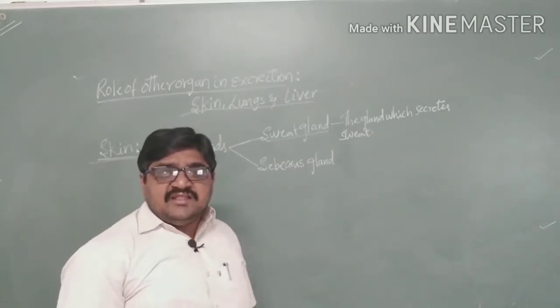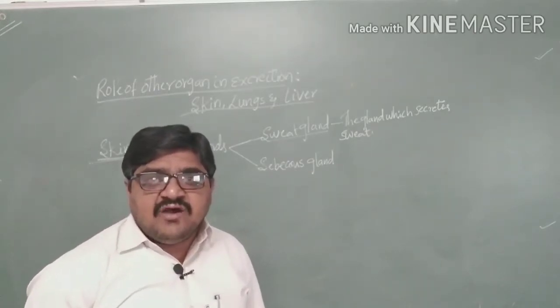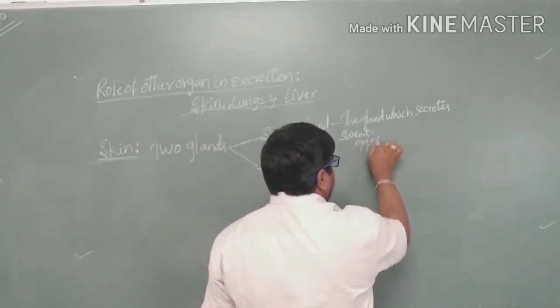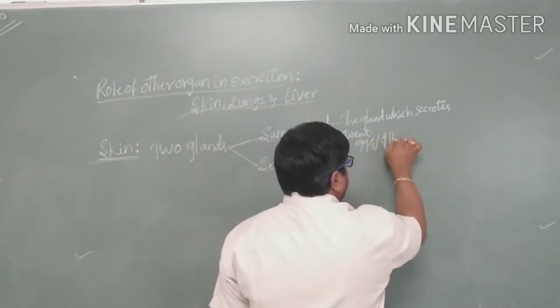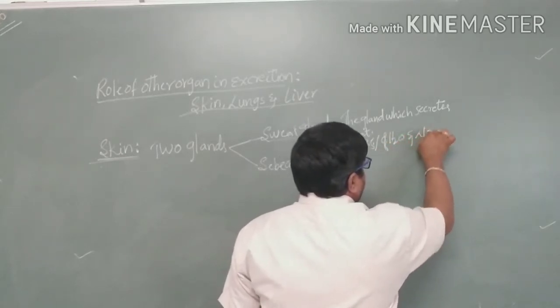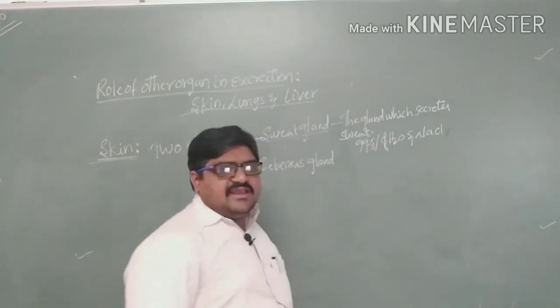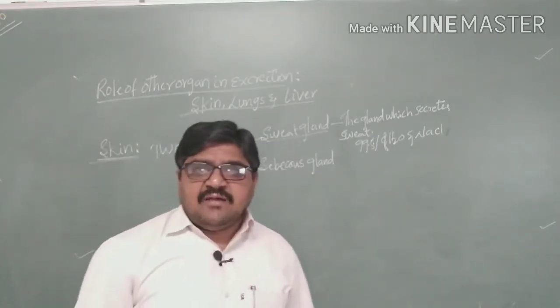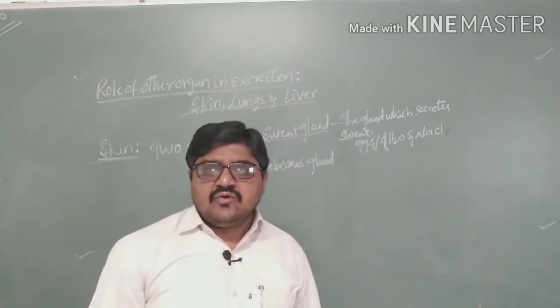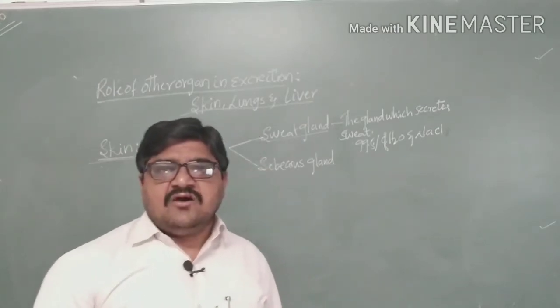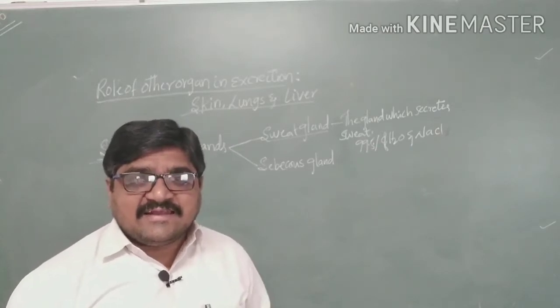Sweat consists of 99.5% water and also sodium chloride. Along with this sodium chloride, it can excrete some amino acids, vitamins, glucose, and lactic acid.